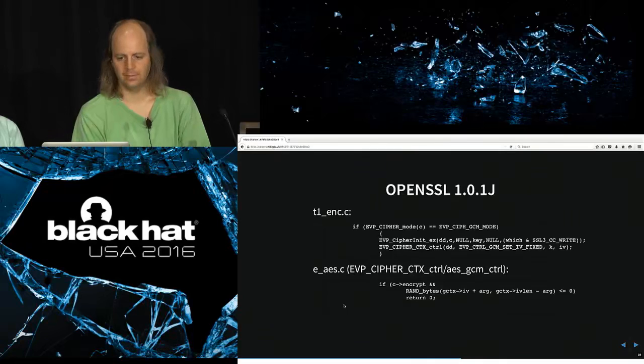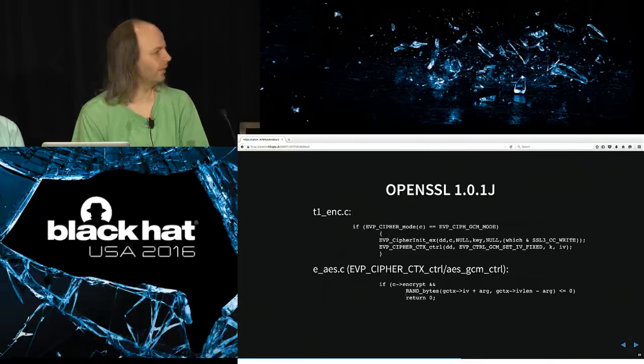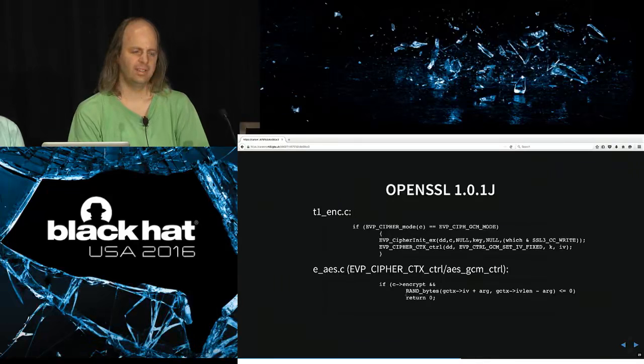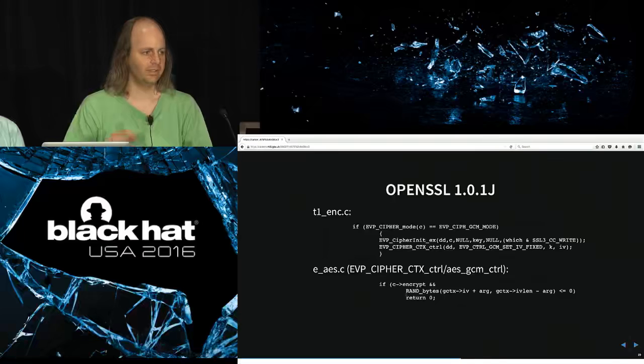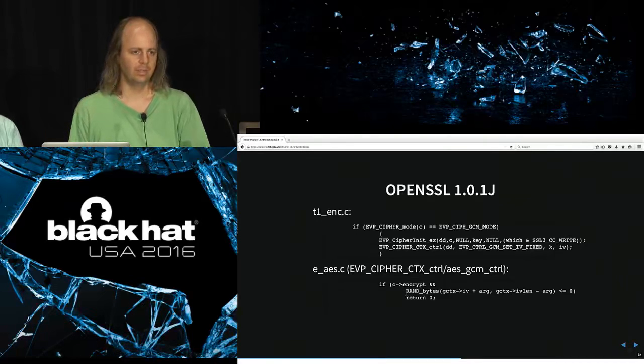And this code here is not checking whether the random number generator is failing. So what I assume is happening here is that they use maybe some kind of hardware random number generator that sometimes produces failures and then returns an error, and OpenSSL is not properly checking for this. This was fixed earlier last year, but OpenSSL back then did not consider it a security issue.